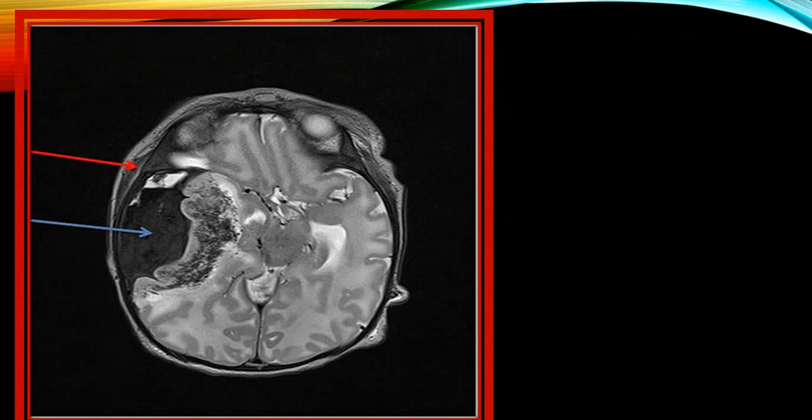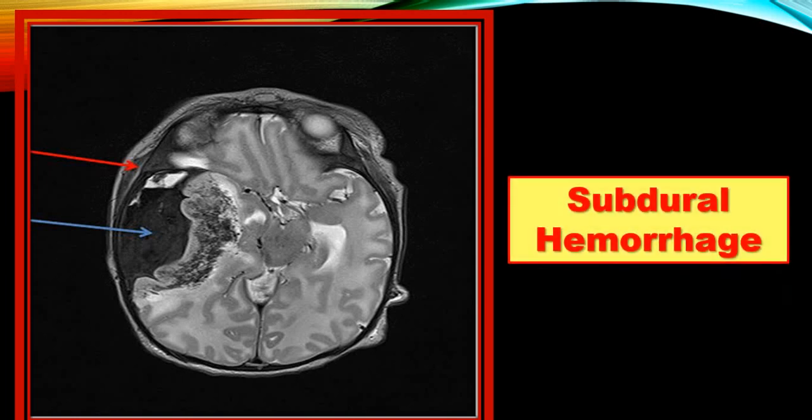As you see here, I will give you an example of the most common intracranial hemorrhage in term newborns, which is the subdural hemorrhage. You can see here the subdural hemorrhage in the blue arrow, pressing on the brain tissue.